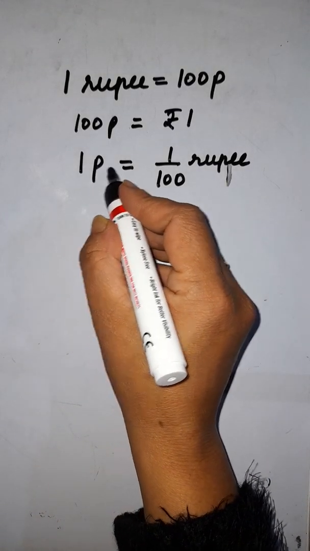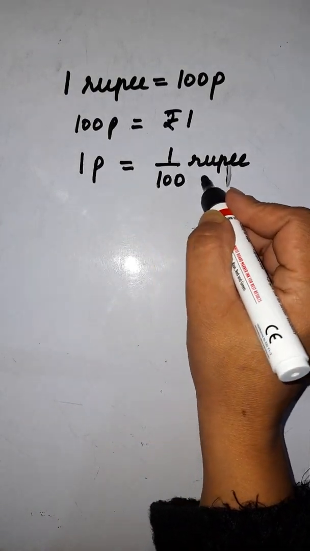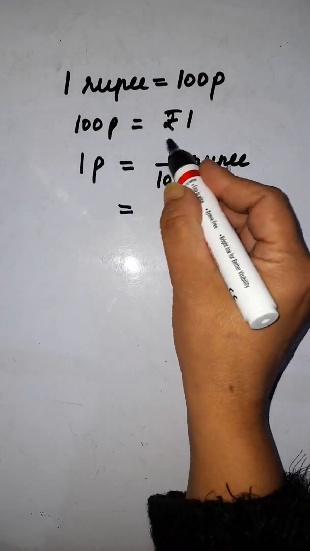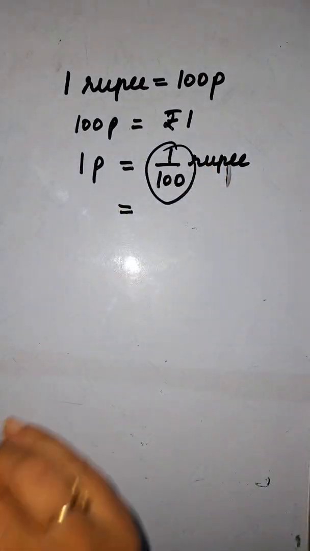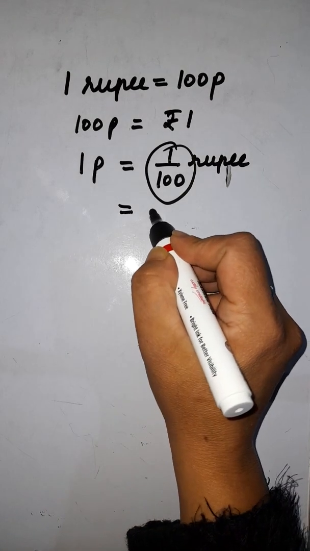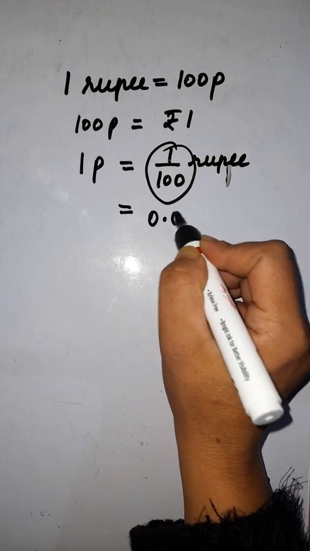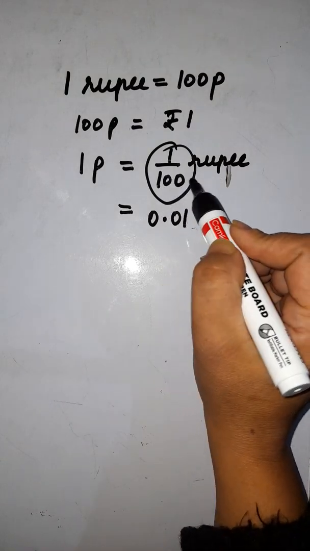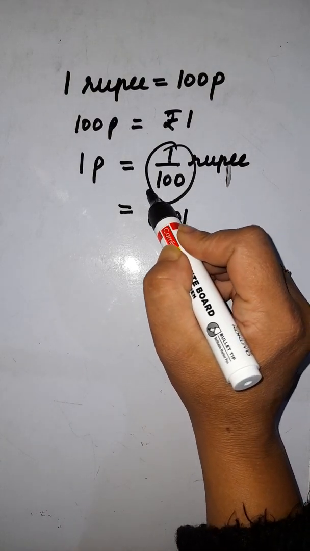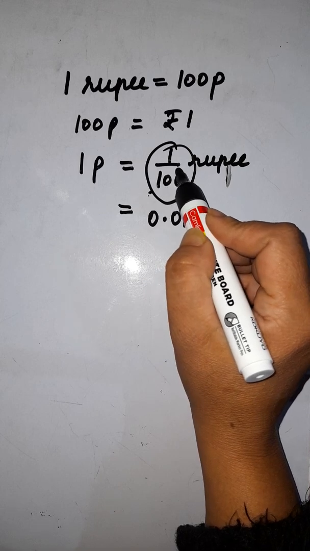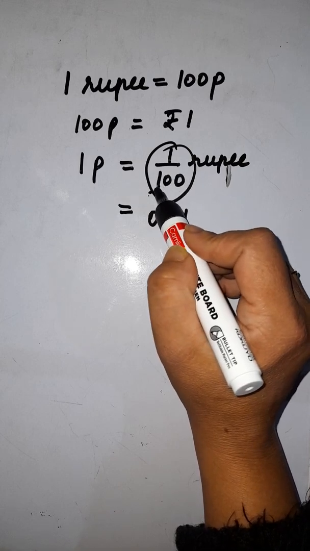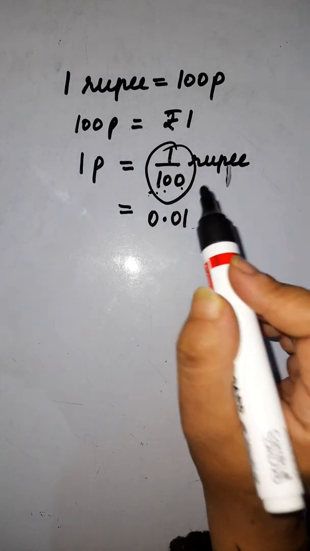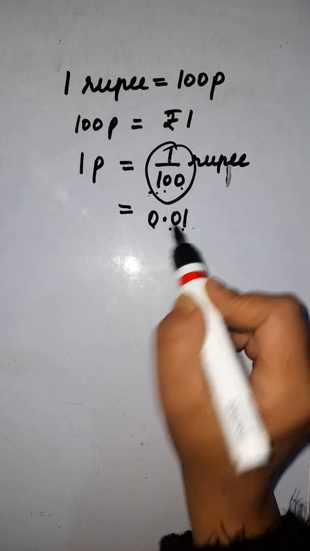Suppose here 1 paise is equal to 1 out of 100 rupee. If we convert this fraction into a decimal, the answer is 0.01. How? Here in the denominator, how many digits are in 100? 1, 2, 3. So in the numerator just count the digits 1, 2, 3.